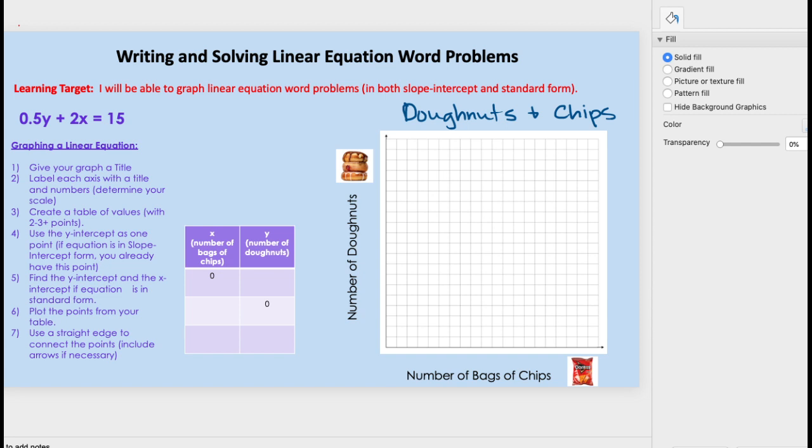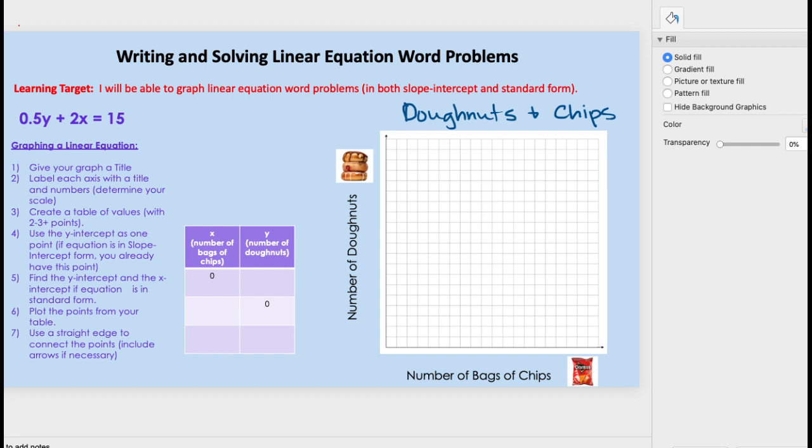And since we earlier decided that Y would stand for the number of donuts, I made sure that went with the y-axis. So now we have to figure out how to label with numbers and what our scale is going to be. Sometimes I think that's the trickiest part, which is why I always recommend using a pencil. Because if you pick a scale that's just not going to work and you find that out later, you can easily erase it and go back.